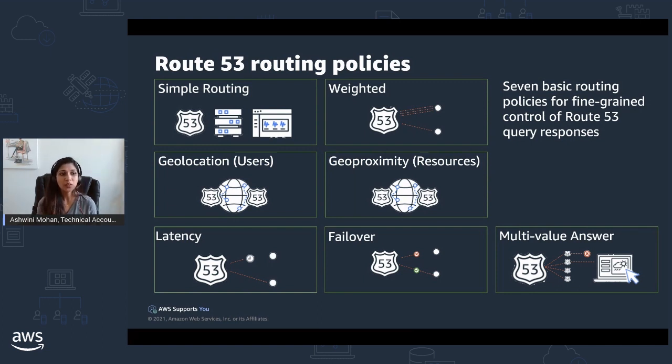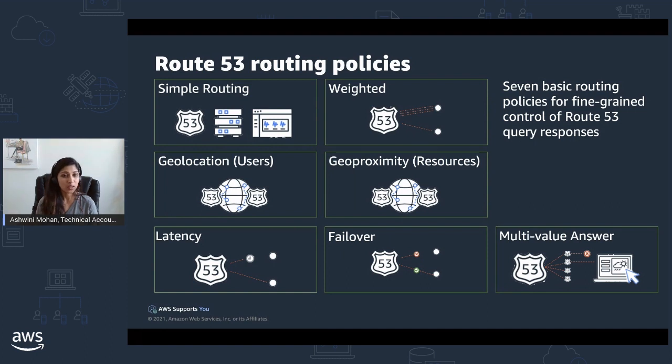You use latency based routing when you have resources in multiple AWS regions and you want to route traffic to the region that provides the best latency with very low round trip time. Another scenario is if your application is hosted in multiple AWS regions, you can improve performance for your users by serving their requests from the AWS region that provides the lowest latency.